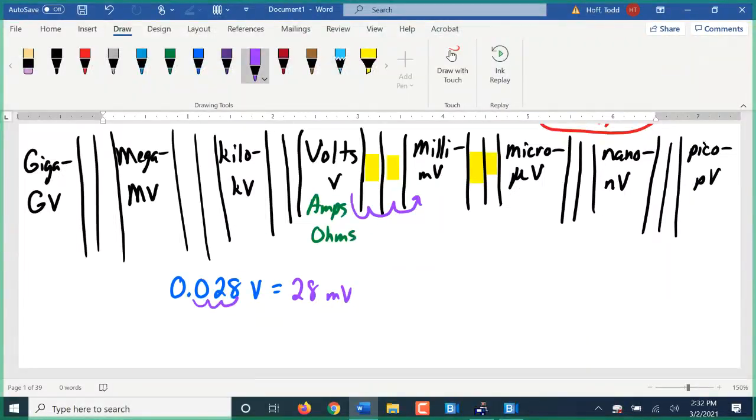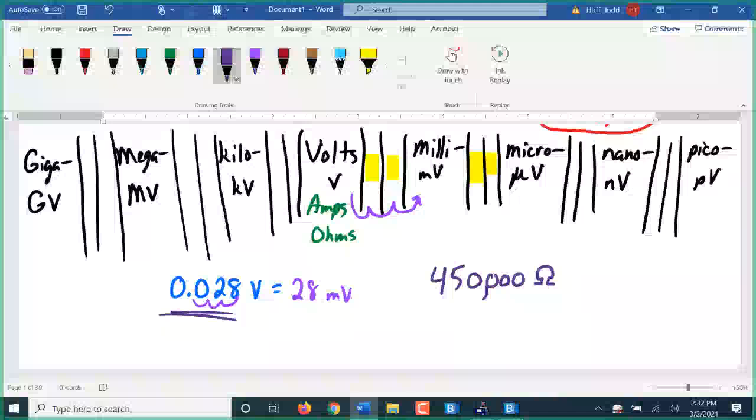Vice versa, we might have something like 450,000 ohms. That upside down horseshoe is the symbol for ohms, for those who aren't familiar with it. Well, like we said, not only do we not like things smaller than 1, we don't like numbers to be larger than 1,000 either.